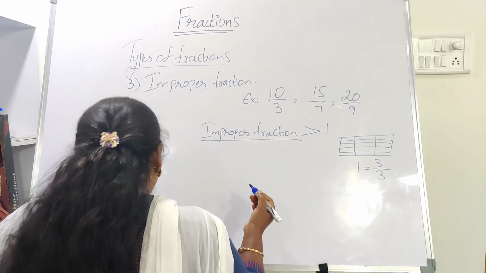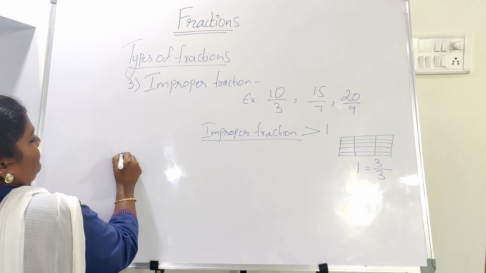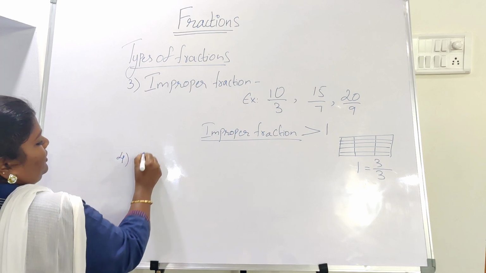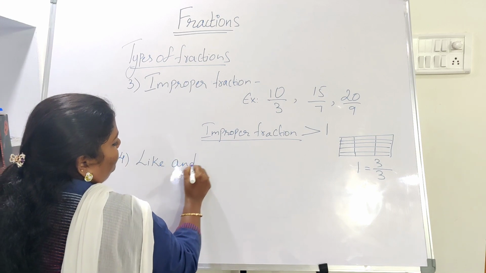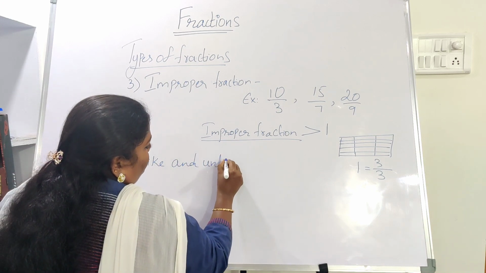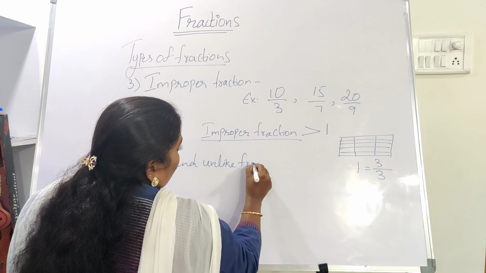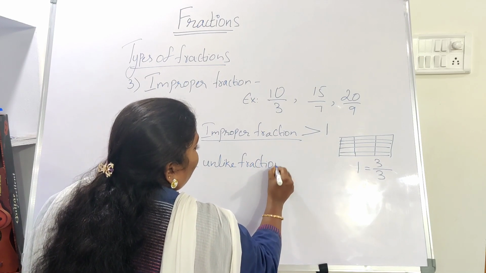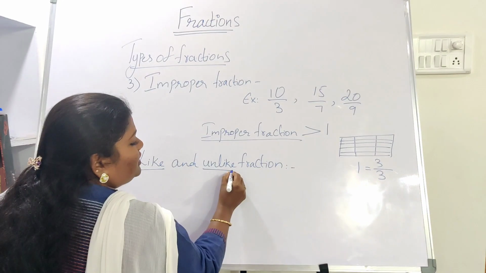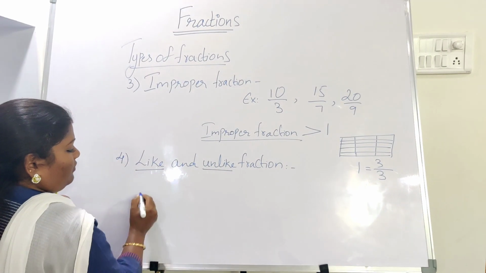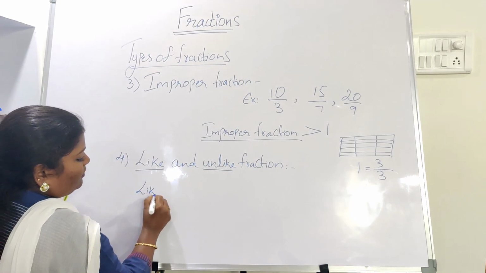So next you have like and unlike fractions. Now what is this like and unlike fraction? Like in the sense similar, unlike in the sense not similar. Let me give an example of like fraction.